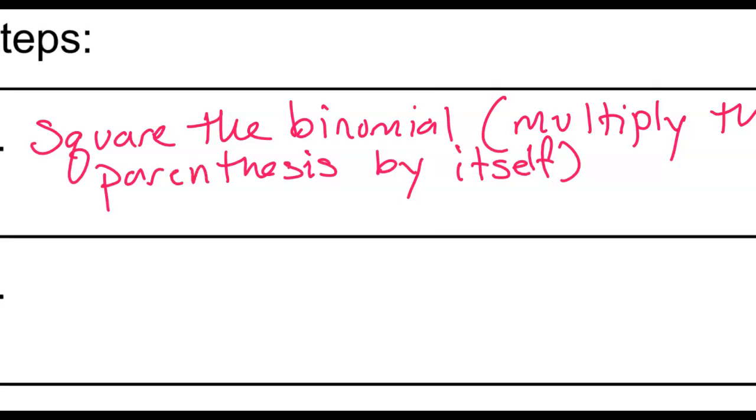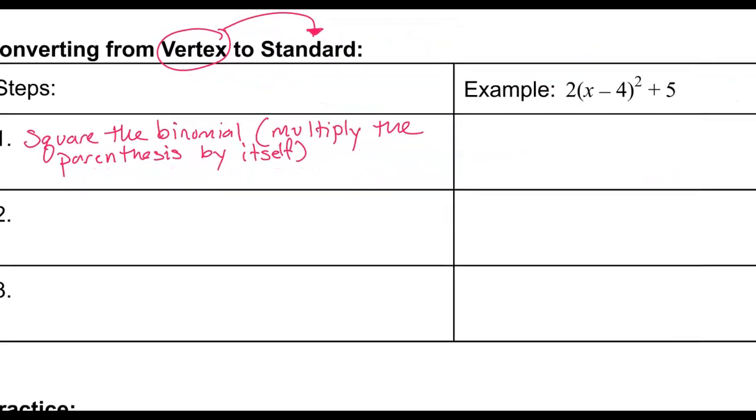Parentheses. Okay, there we go. So that means the 2 remains in front, but the x minus 4 squared, I'm going to break apart into x minus 4 times x minus 4. And the plus 5 is still on the end.